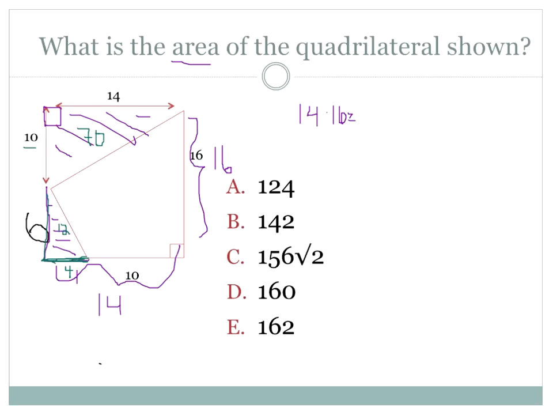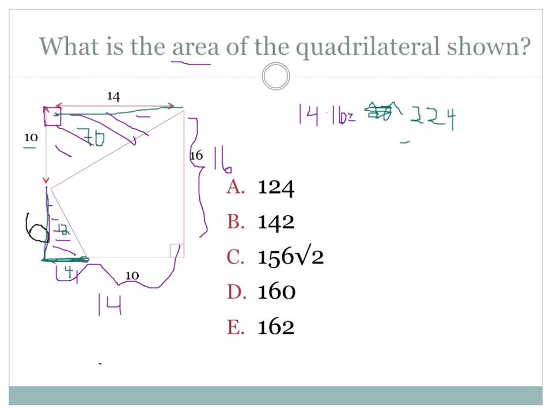And would we ever figure out what 14 times 16 equals? 224. Yep, that's what I got, 224. Ooh, that was really messy. 224 would be the area of the entire rectangle.